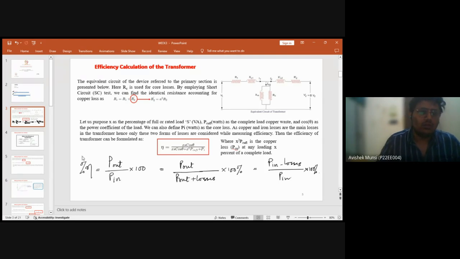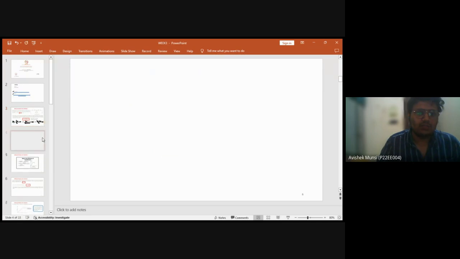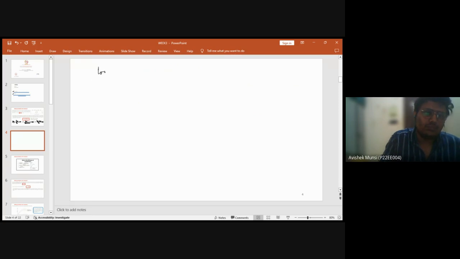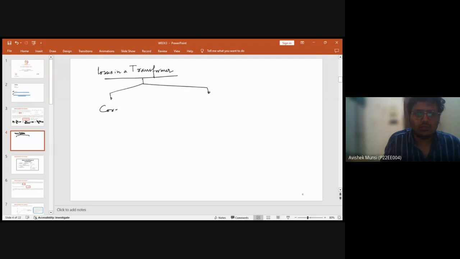So in the last lecture, I discussed a little bit about the types of losses in the transformer. There are basically two types of losses in a transformer. One is core loss, another one is copper loss.